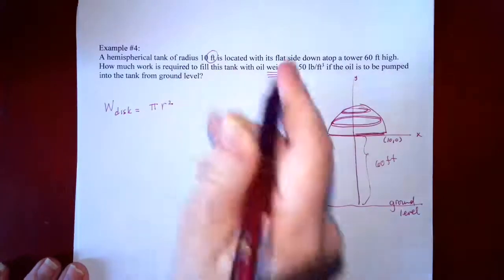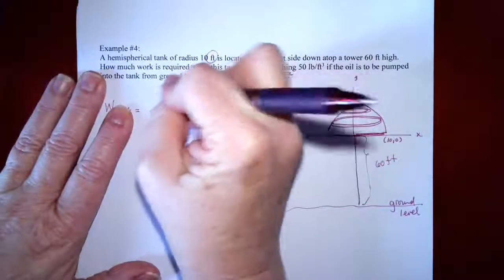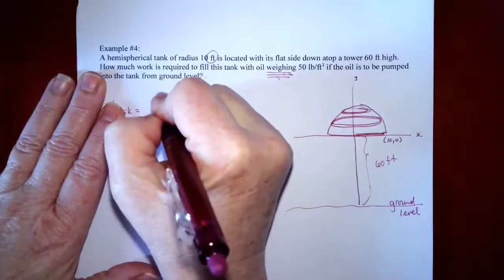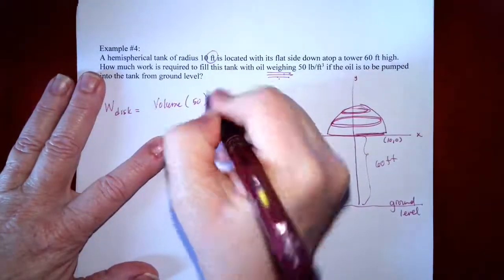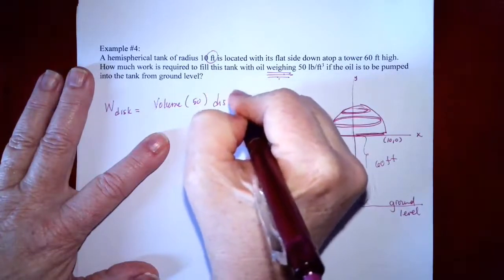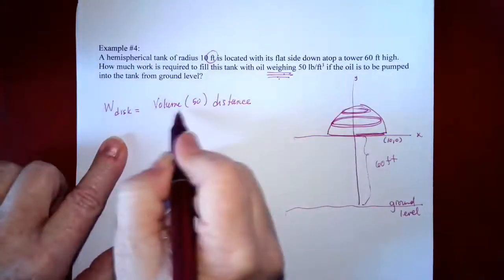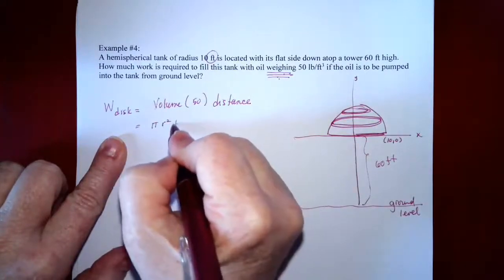It's going to be the volume times 50, because that is weight per unit of volume, times the distance. Now, to find the volume, that's going to be pi times the radius squared times the thickness.